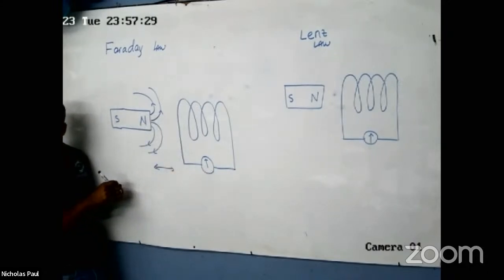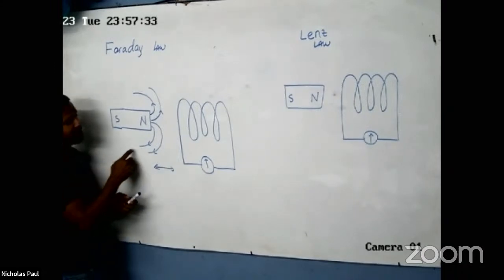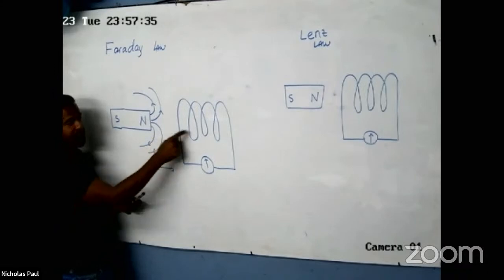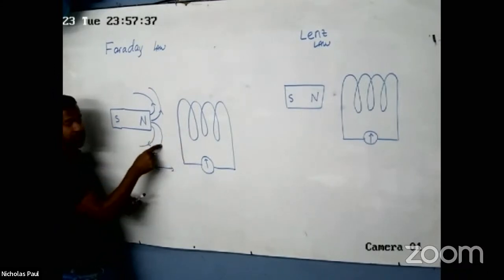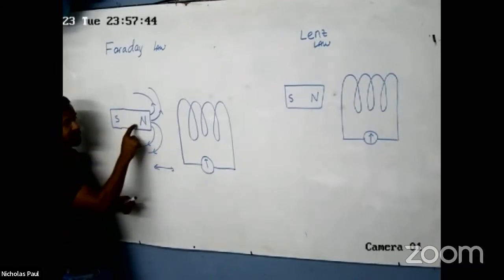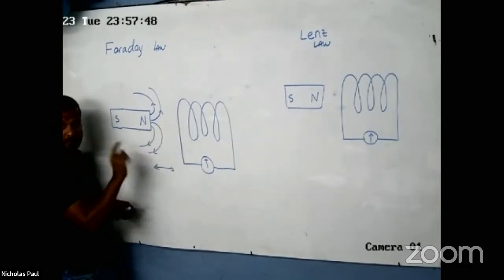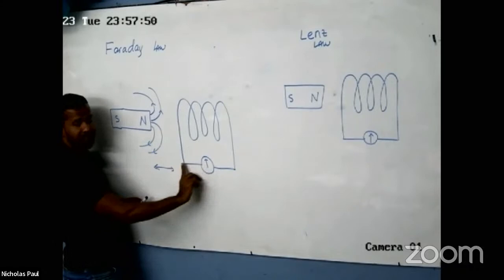Remember that? Okay, so Faraday said that the rate at which this conductor cuts these field lines is proportional to the amount of current being induced. So if I move this magnet in and out real fast, the current values here are larger.